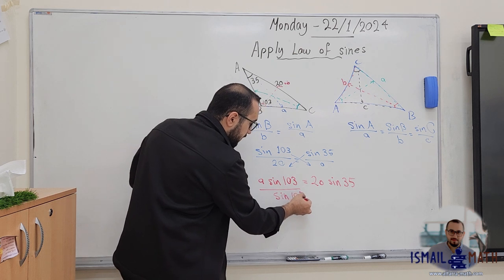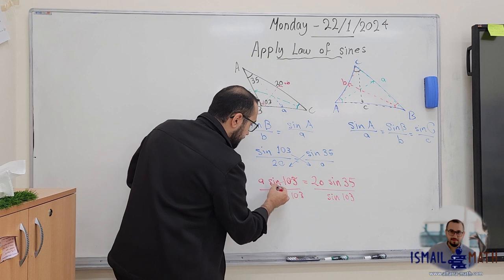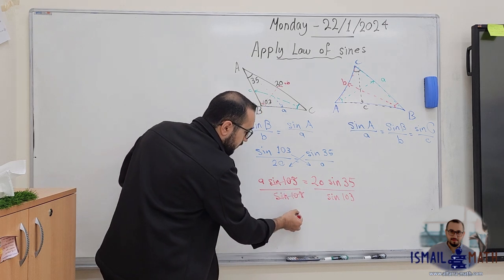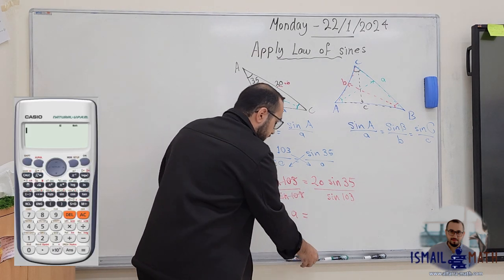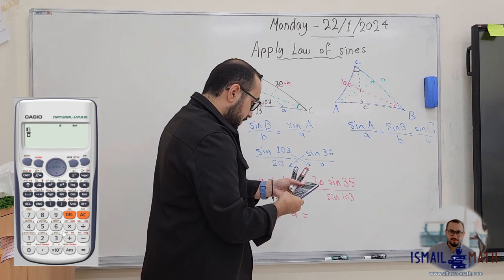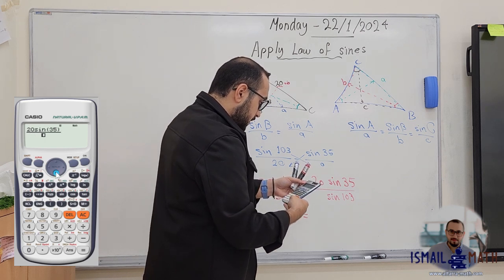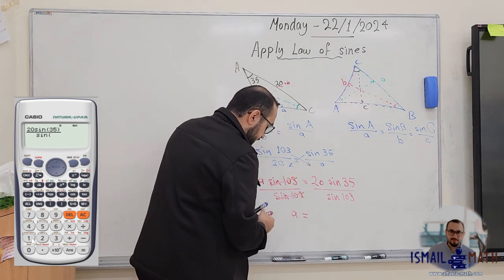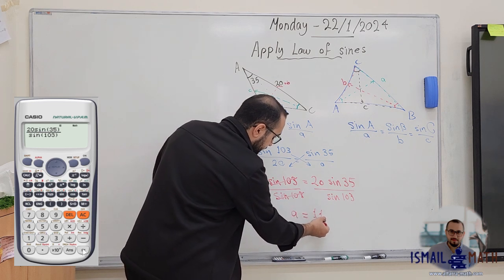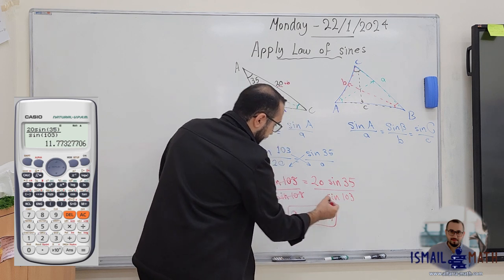Sine 103 over sine 103 cancels out, and a remains. So a equals 20 sine 35 over sine 103, which you can compute on the calculator. The answer is 11.7. So this is side a.